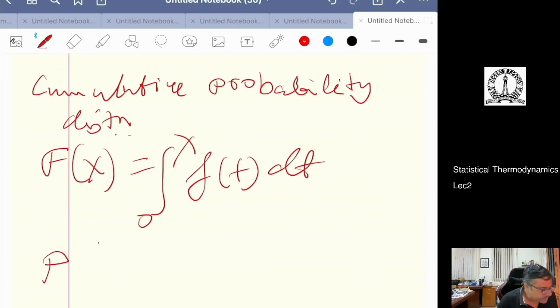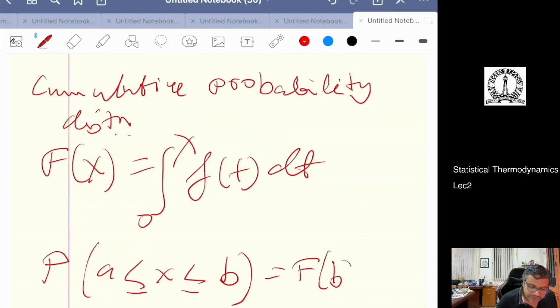And once you have this, the probability of x lying between a and b, you can write as F(b) minus F(a). So that is the cumulative probability distribution.